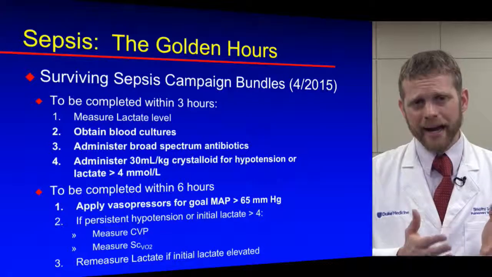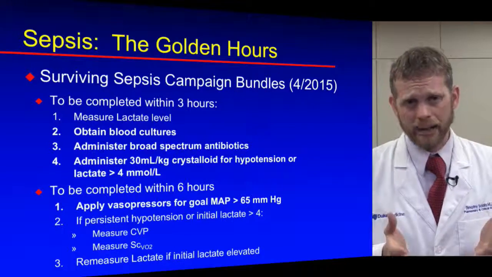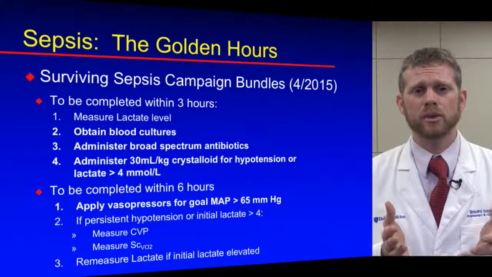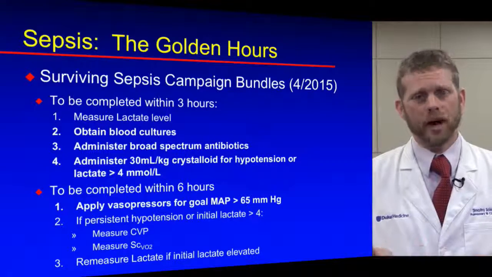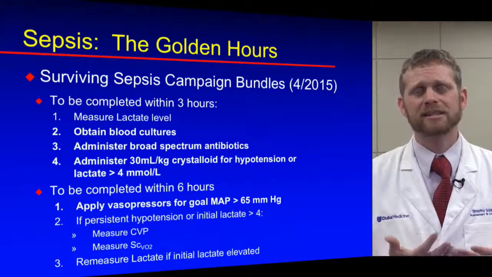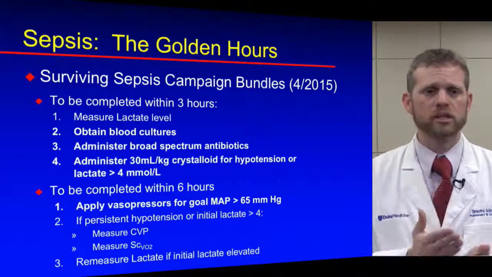I think that for now, the best thing you can do when you know that someone has shock related to sepsis is to think about your sepsis bundles. And there's this concept of the golden hour. What do we do? The fact is, in sepsis, you need to treat them as early as possible.